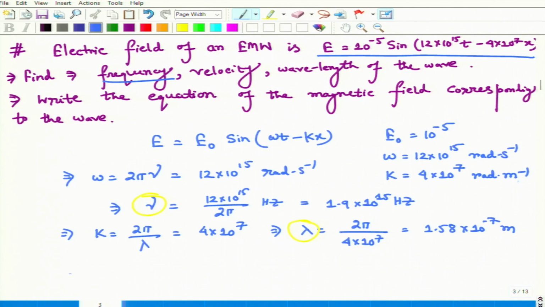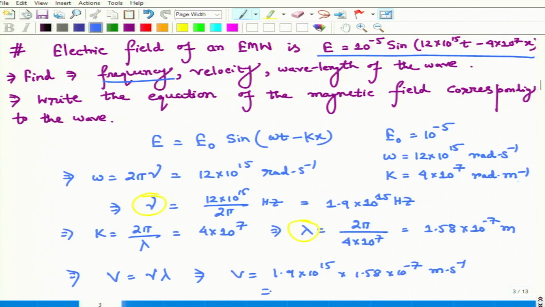Now we have already evaluated these two values, lambda and nu. We know that for any wave we can write c is equal to nu lambda, or in general v is equal to nu lambda, where v is the velocity. So v will be nu, 1.9 into 10 to the power 15, times 1.58 into 10 to the power minus 7, in meter per second.